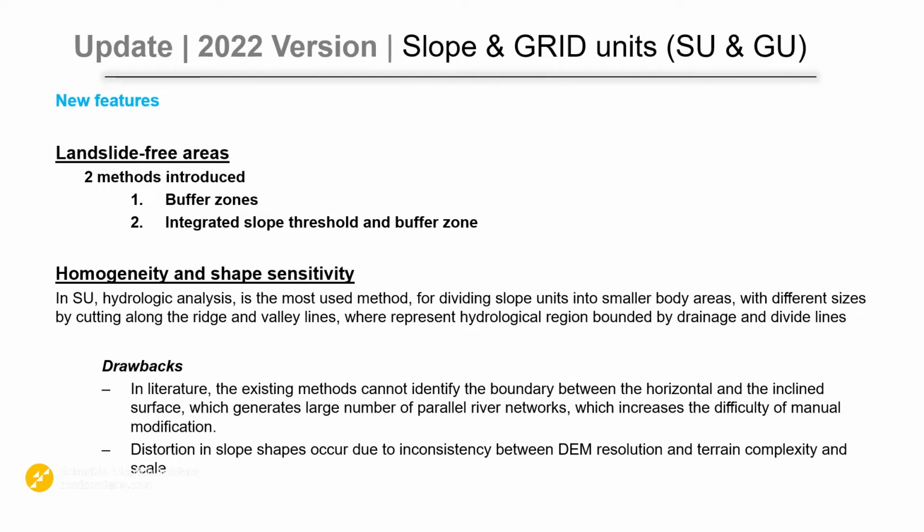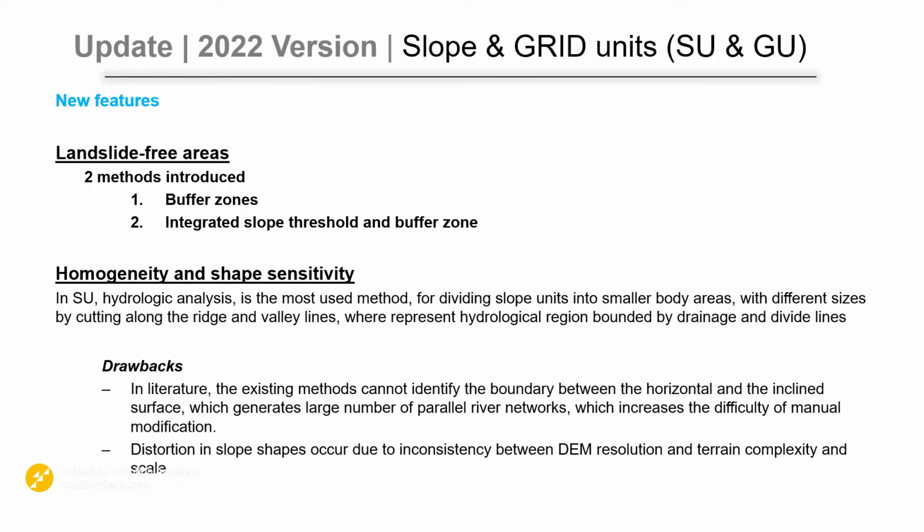This will generate a large number of parallel river networks, which look like long elongated shapes, and clearly they are not representing slopes. You would need to fix them manually, but in this version we overcome this kind of error.